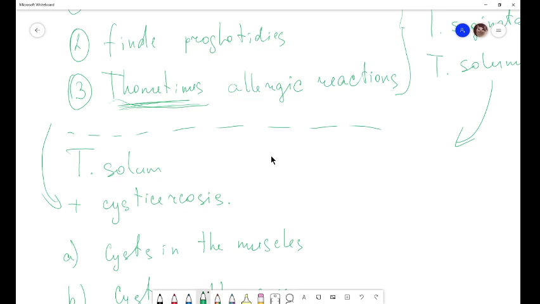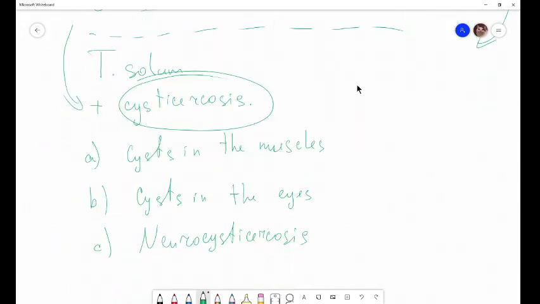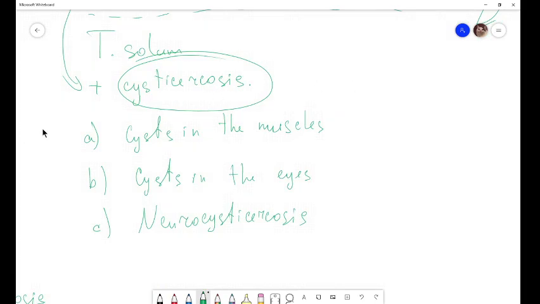It is cysticercosis, very dangerous for us. Okay, and what is cysticercosis?